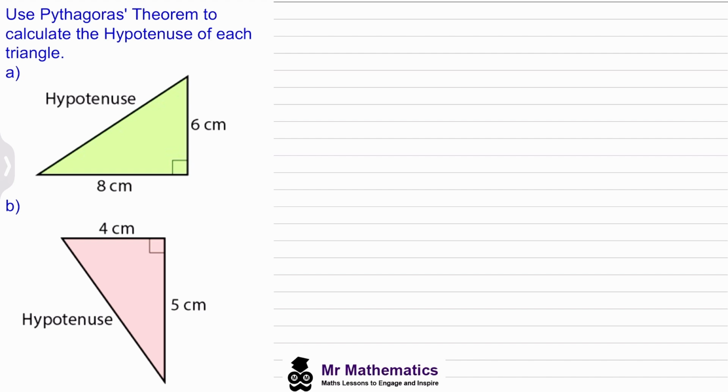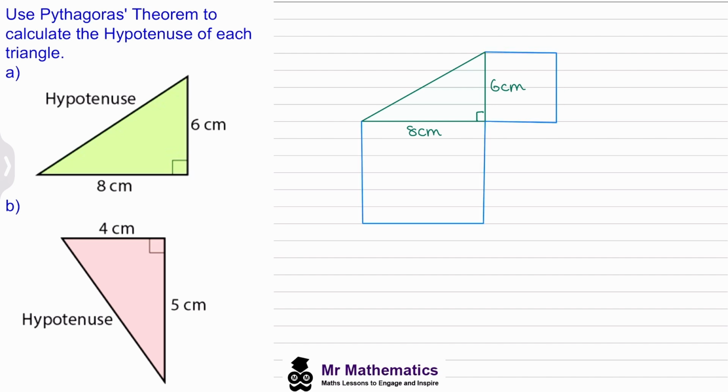So for question A, if I just sketch this triangle, I'm going to draw a square attached to each of the two shorter sides. Now what Pythagoras' theorem states is that the area of each square, so this square will have an area of 36 centimeters squared, and this square will have an area of 64 centimeters squared.